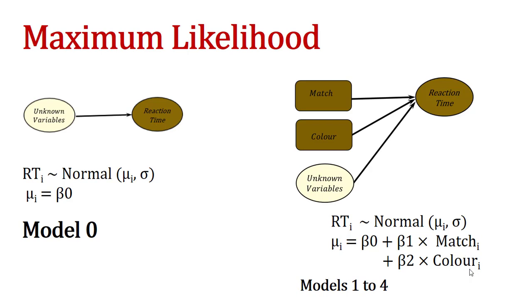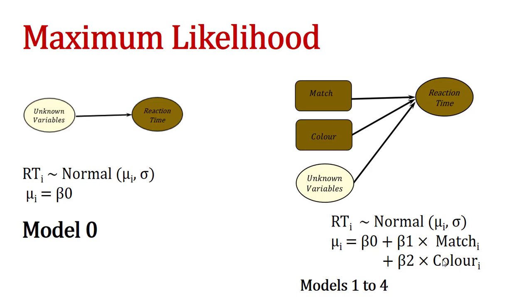And why am I saying this? Sounds strange. Well, because remember I told you that the interaction variable we are creating, we are multiplying the values of match and the values of color. So when match is 0 and color is 0 or 1, then the multiplication is 0.